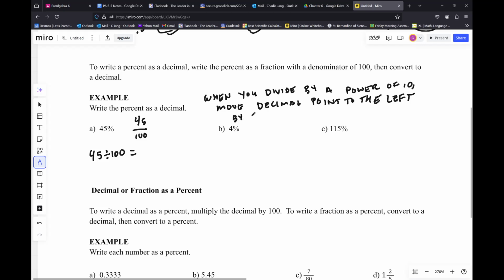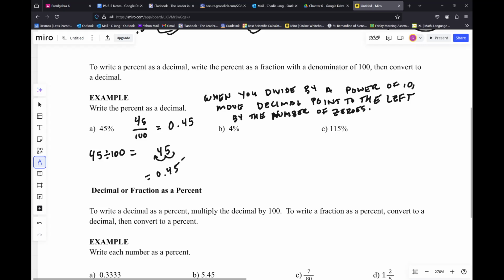You move it by the number of zeros. Okay, so by the number of zeros, and you can double check this. If you do 45 divided by 100 on your calculator, you'll get 0.45. And you can see that basically what is happening is you take 45%. This is where the decimal point is. You are moving it 2 spaces to the left right here, because you're dividing by 100 and 100 has 2 zeros in it. So this is going to equal 0.45.